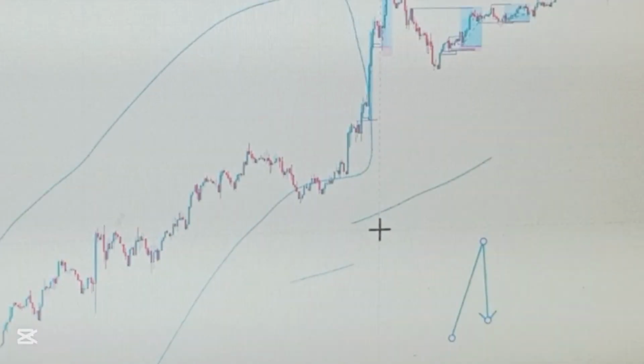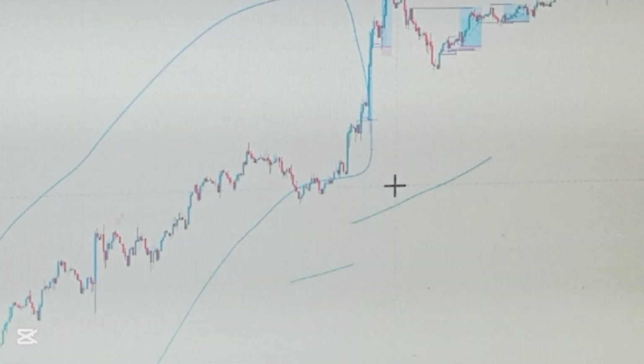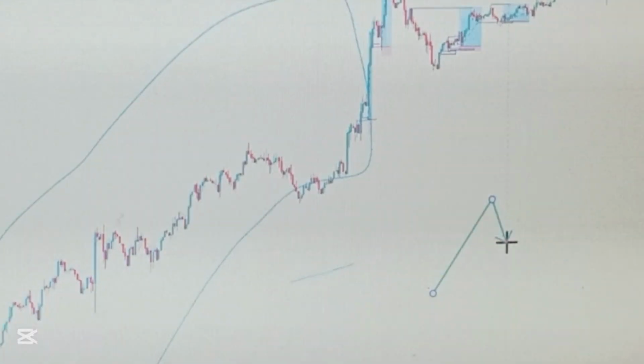Let me edit it and draw it again. Let me draw this on my screen. I look for something like this, like this, like this. You can see that this is on an uptrend. I look out for something like this.